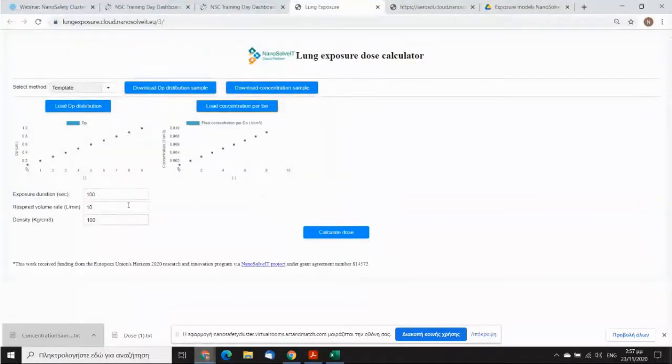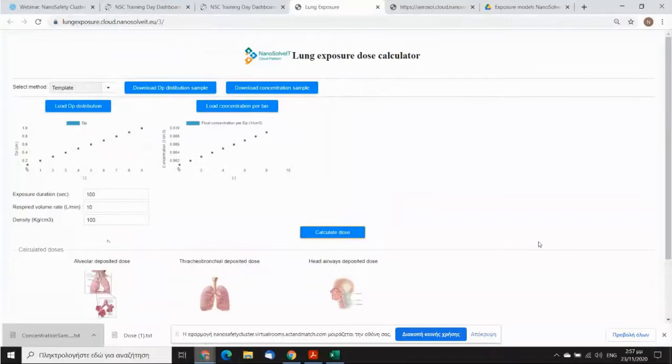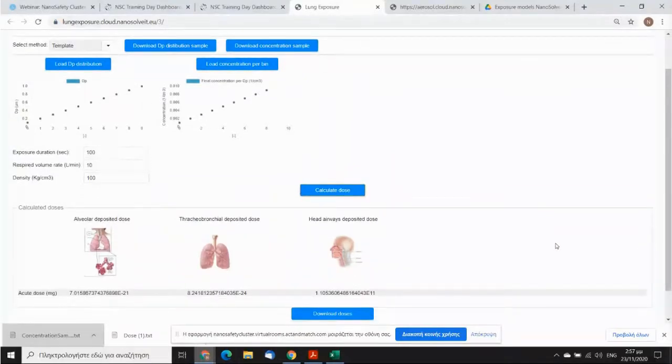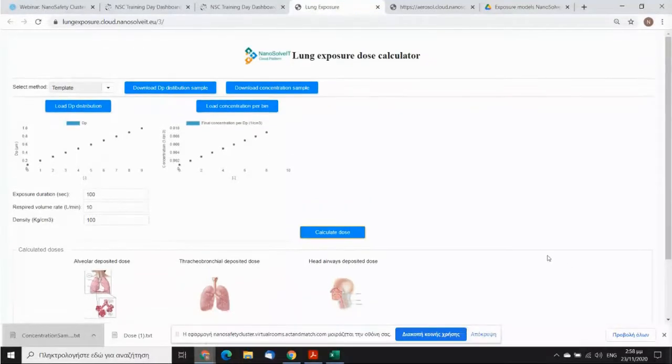I will use the same values as here, and I will press calculate dose. And okay, we have again our doses in milligrams. So as you understand, in order for the lung exposure model to work, we need the diameter distribution of the nanomaterial and the concentration of the nanomaterial per bin. The nanomaterial concentration per bin is calculated by the multibox aerosol application that we just saw.